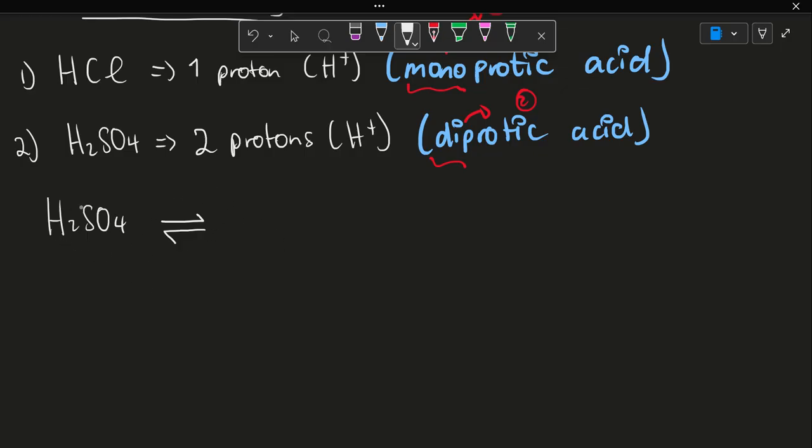So when I lose one hydrogen, notice I am then going to be left with HSO4 minus.